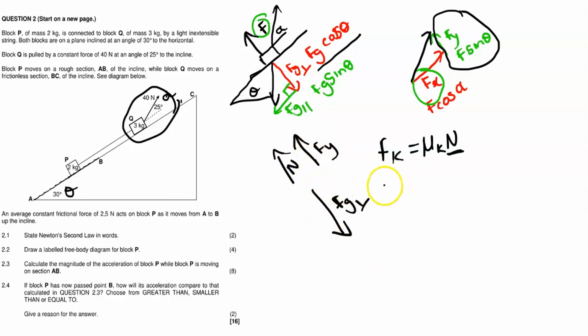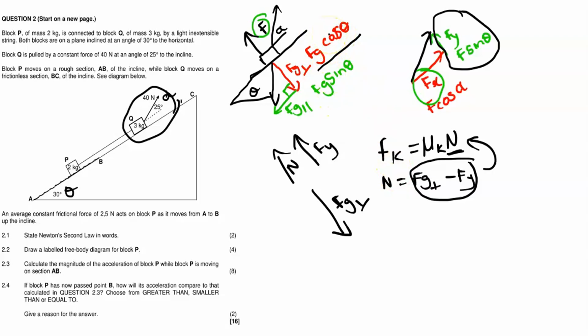Now, that will simply mean the normal force is equal to Fg perpendicular minus Fy. So you know that this is what you're supposed to substitute there. So if you just use Fg perpendicular, then you'll obviously be wrong if you just substitute this Fg cos theta.